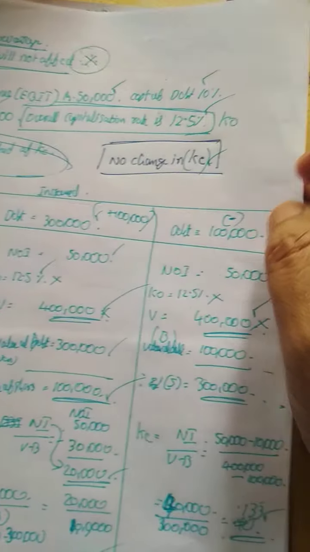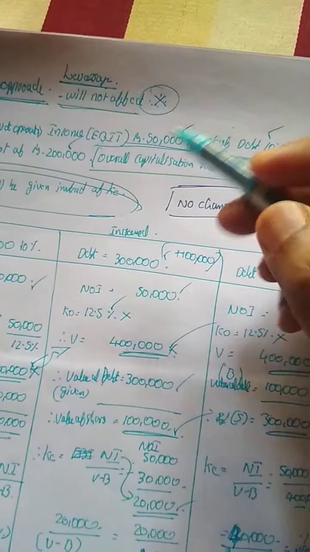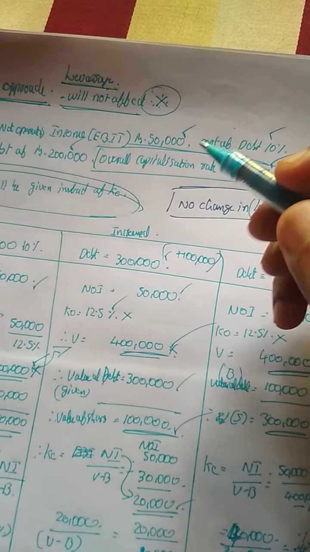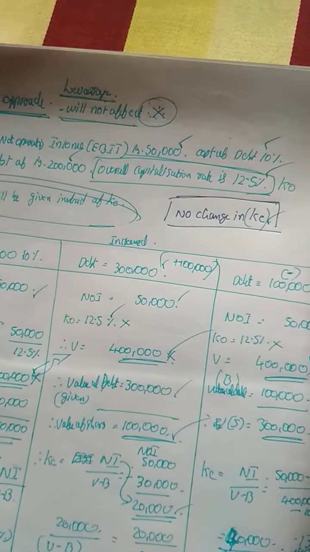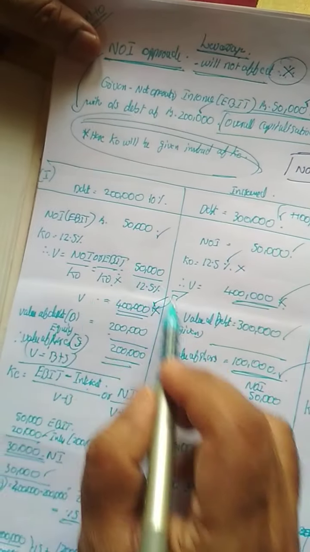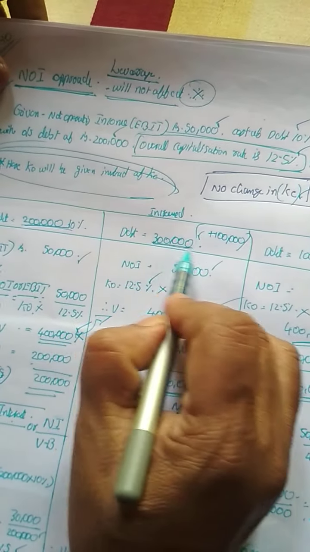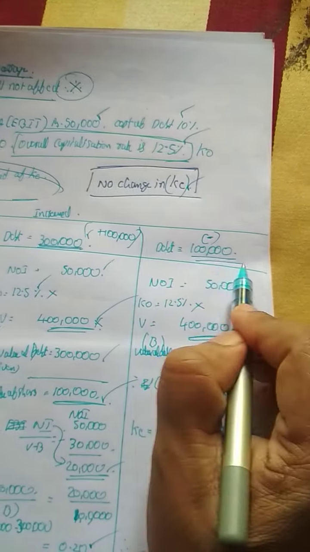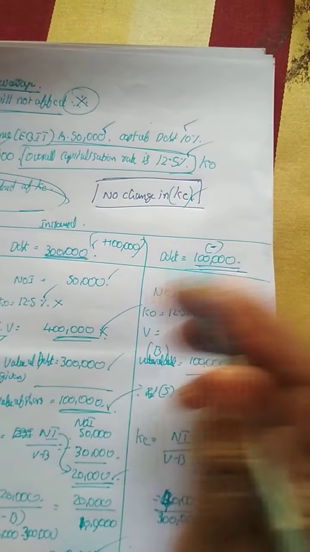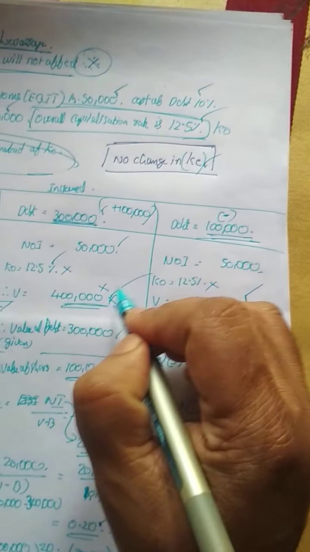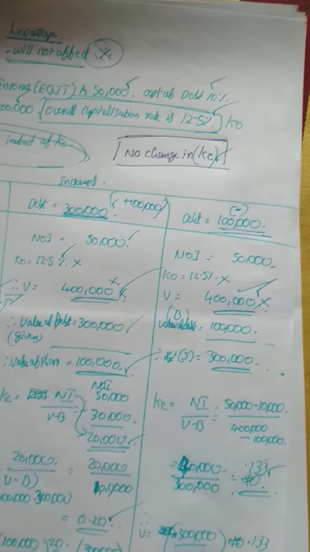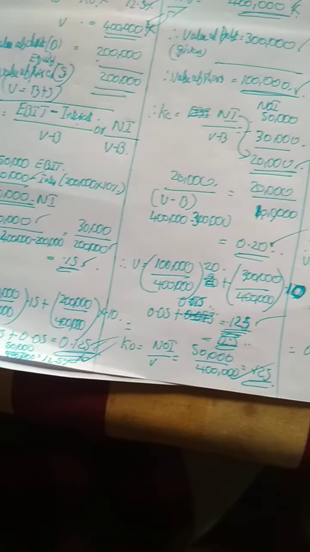But at the same time, the net operating income approach model says that any change in the leverage, that is the debt portion we are changing here, increased debt and lowered debt, will not have any effect on the value of the company. It remains the same and will not have any effect on the overall cost of capital.